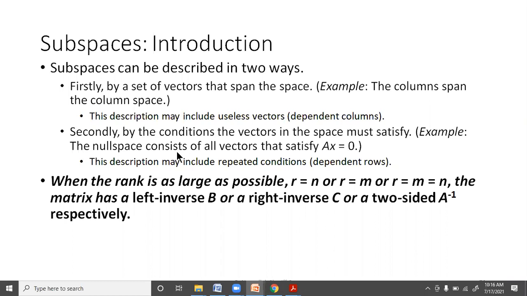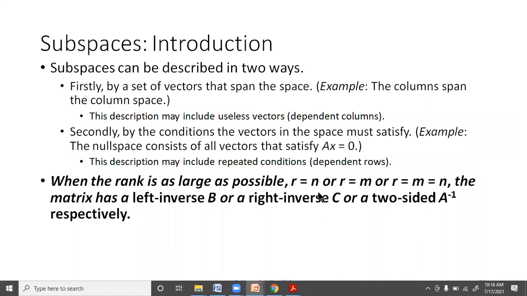Also, a subspace can be represented by a condition the vectors must satisfy. In this case, we know that the null space consists of those vectors that satisfy Ax = 0, and this might include the repeated conditions of dependent rows.